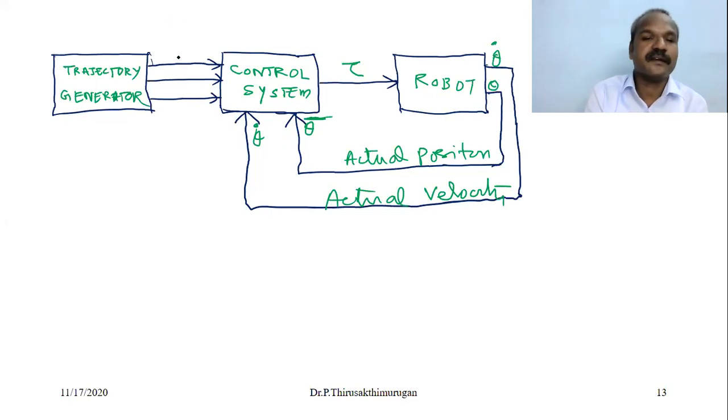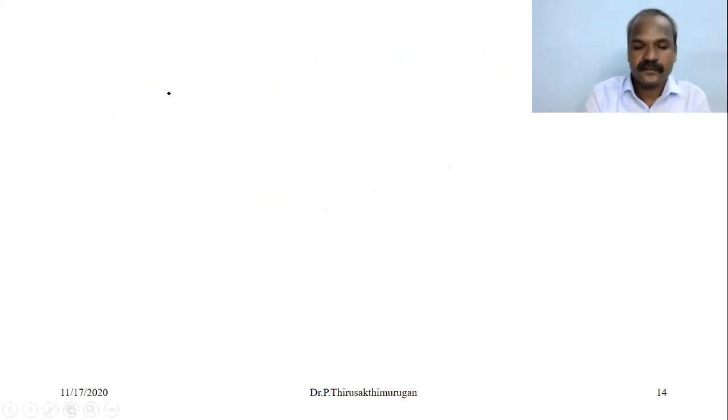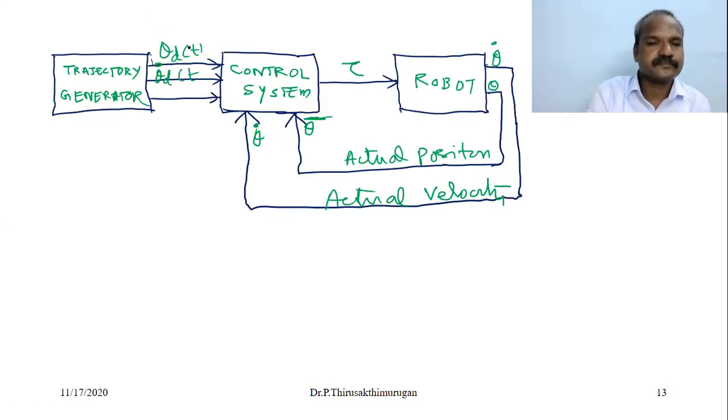So what are the trajectories? Theta d of t, theta d dot of t, then theta d double dot of t.